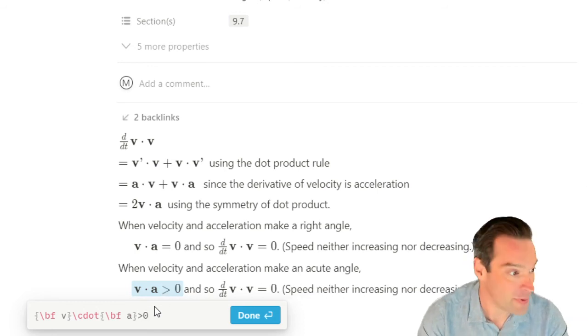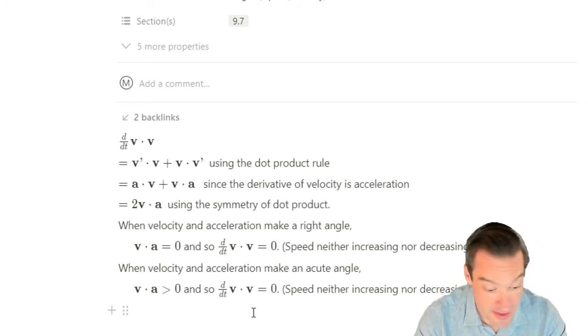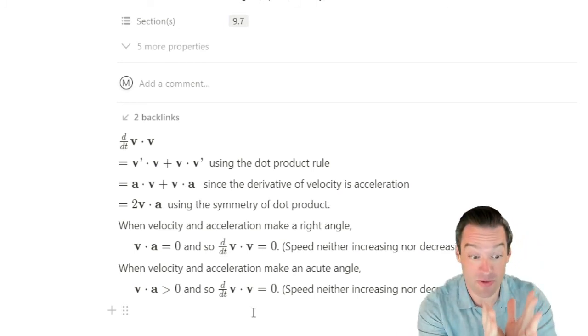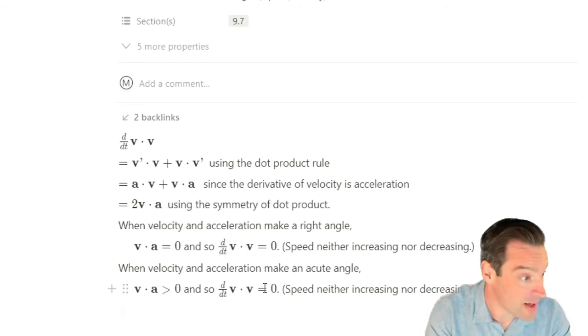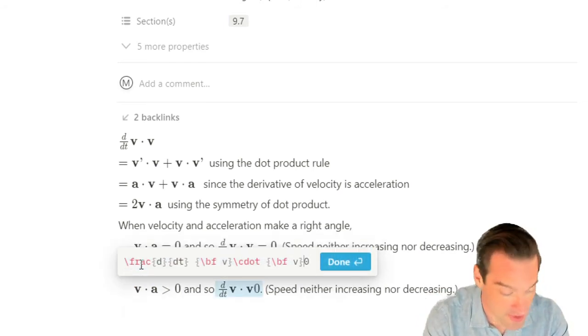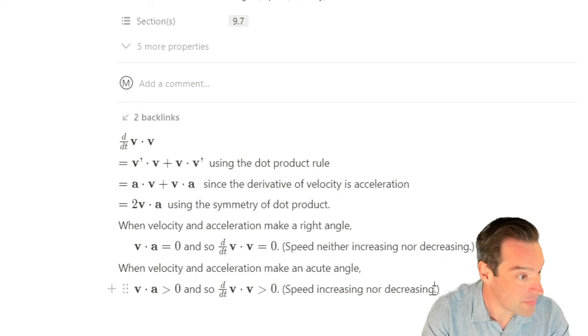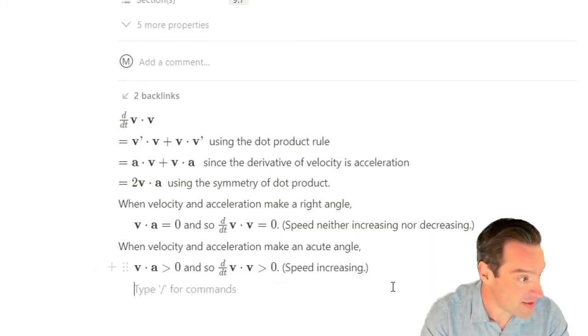Yeah. When we learned about dot products, only just yesterday, one of the big takeaways was that acute angles between vectors result in positive dot products. And so a positive dot product of v with itself is going to result in a positive time derivative for the speed. So the speed would be increasing at places where the angle is acute between velocity and acceleration.